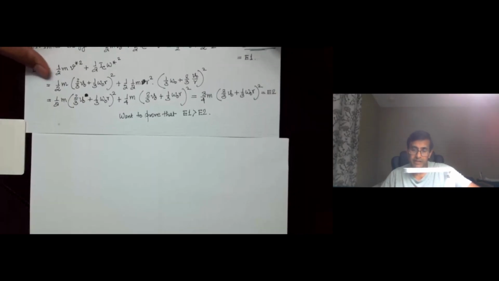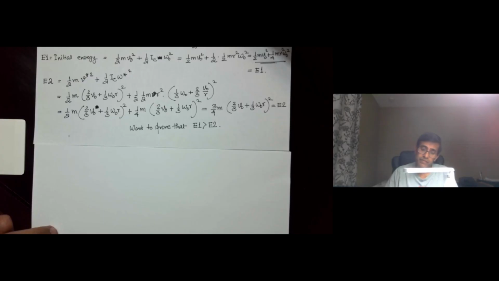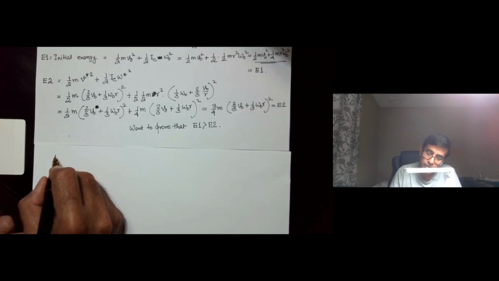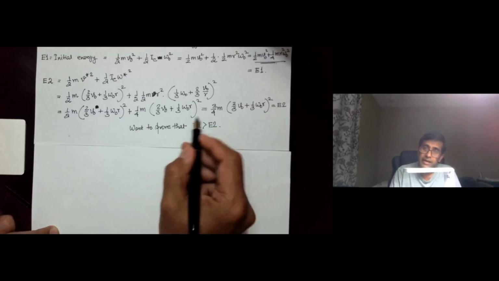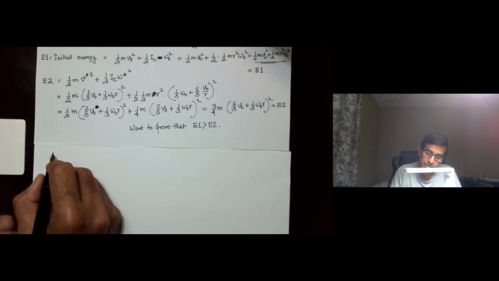This has to be the case if all our algebra is correct and our analysis is correct, because clearly energy is lost during sliding friction. So let us assume that this is true, and then we will show that this inequality is indeed correct.